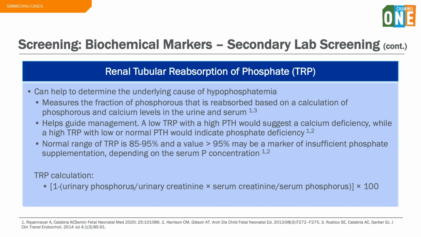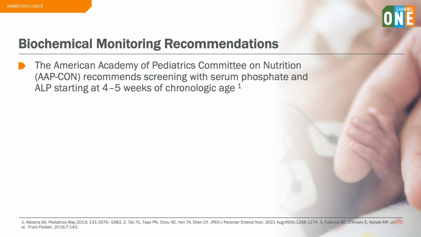Involving an endocrinologist or a dietitian with specialized knowledge in metabolic bone disease can help in interpreting the laboratory values discussed and implementing subsequent treatment strategies. The American Academy of Pediatrics Committee on Nutrition recommends screening with serum phosphate and alkaline phosphatase starting at 4 to 5 weeks of chronological age.